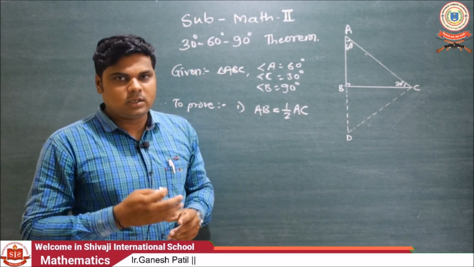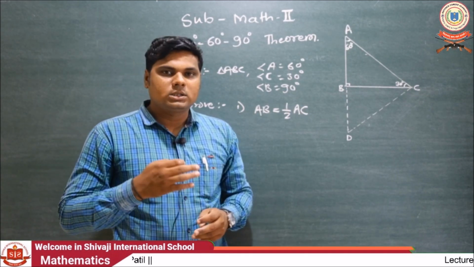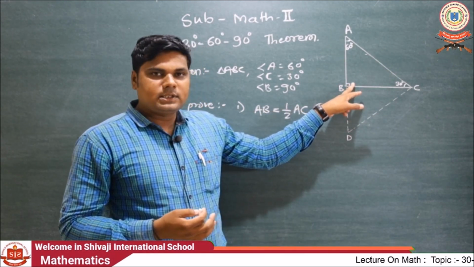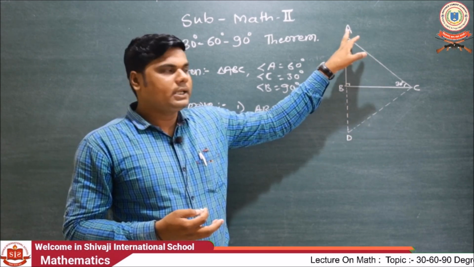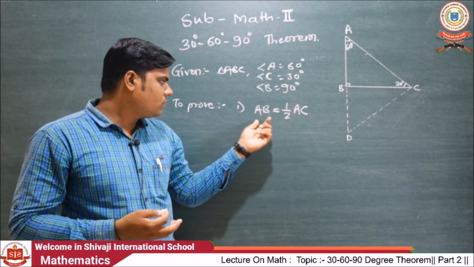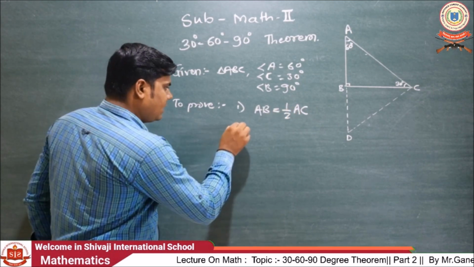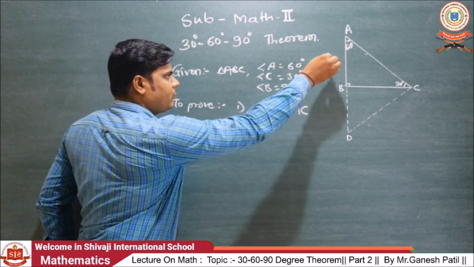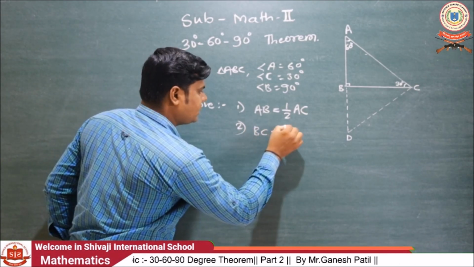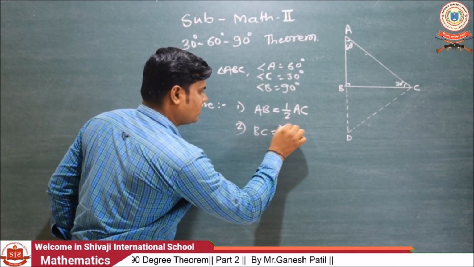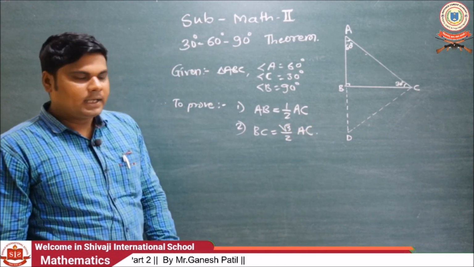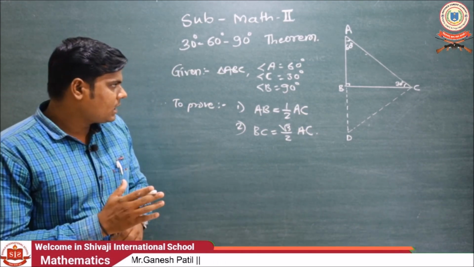Keep one thing in your mind: the side opposite the 90 degree angle is called the hypotenuse. Here angle B is 90 degrees and the side opposite it is AC, so the hypotenuse is AC. Half of AC is equal to AB. This is the first proof. And the side opposite the 60 degree angle is BC, so BC is equal to root 3 by 2 times its hypotenuse, AC.